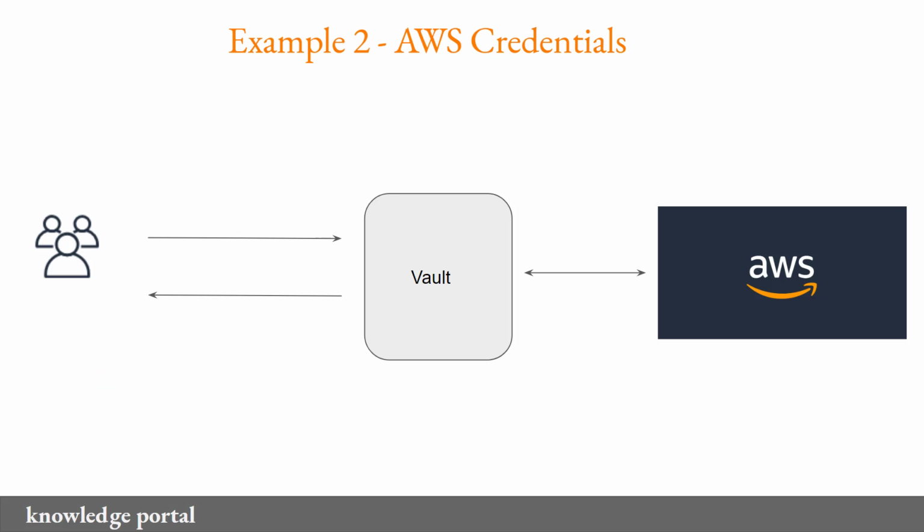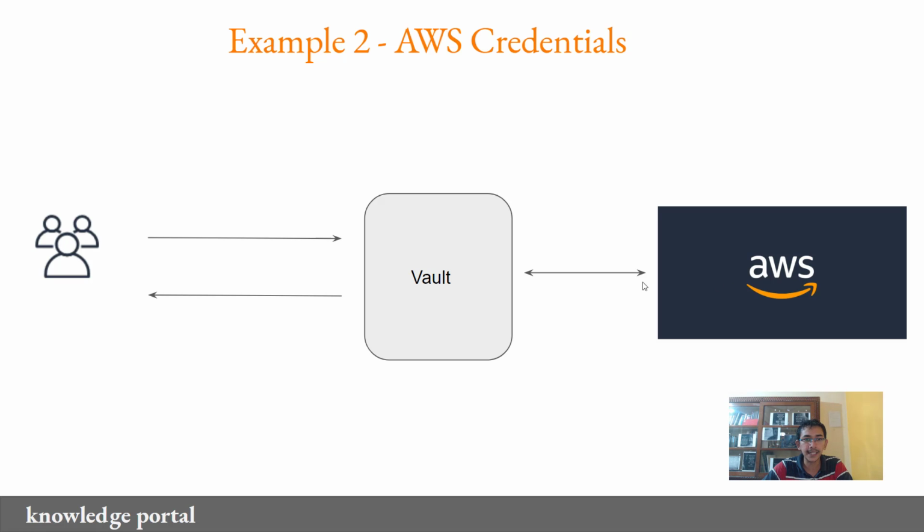Now, as we were discussing, there are multiple engines that support dynamic secrets. One more very common use case that you will see in organizations using HashiCorp Vault is dynamic secrets with the help of the AWS secret engine. So in such cases, if you're working in an AWS environment, generating access and secret keys is common for a lot of use cases, including local testing for the developer.